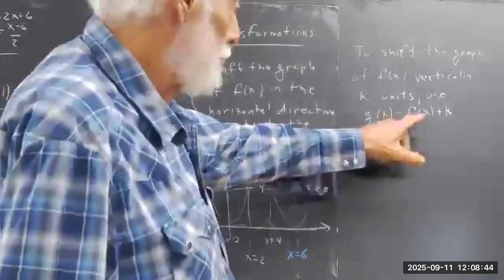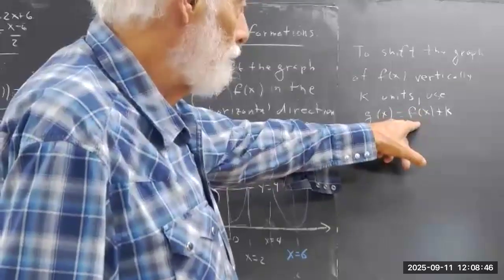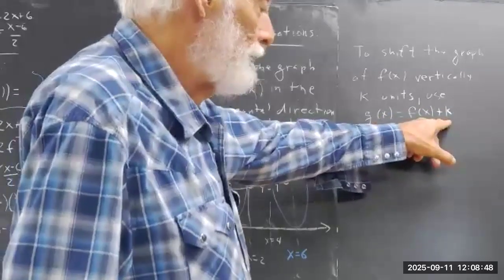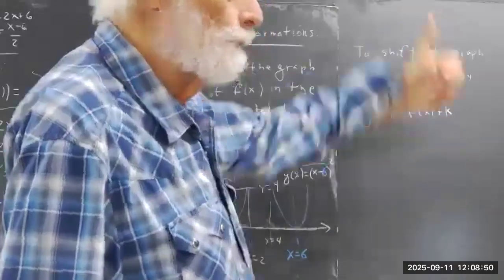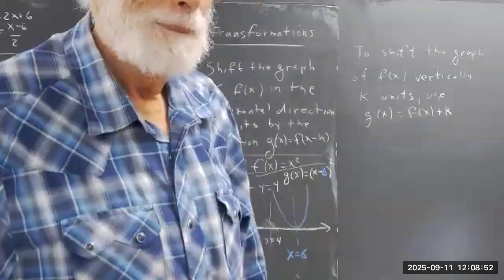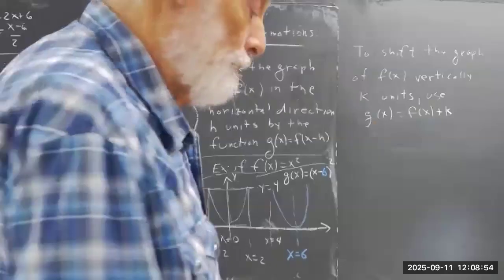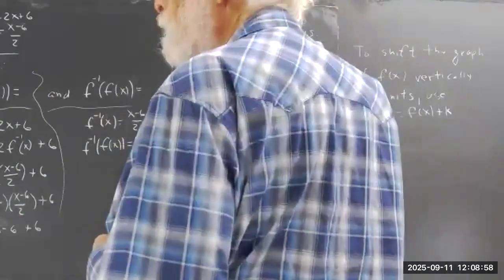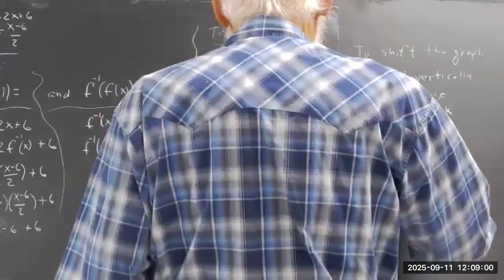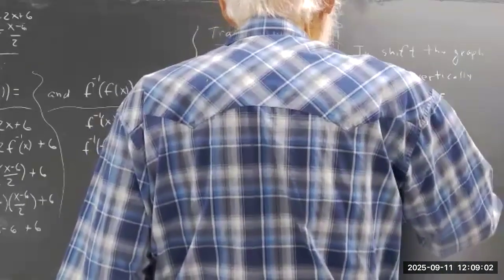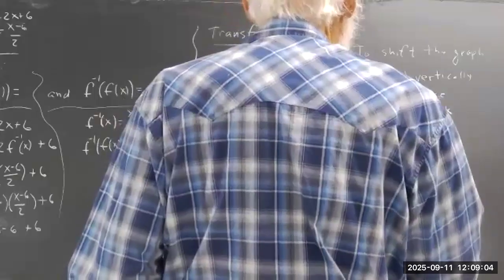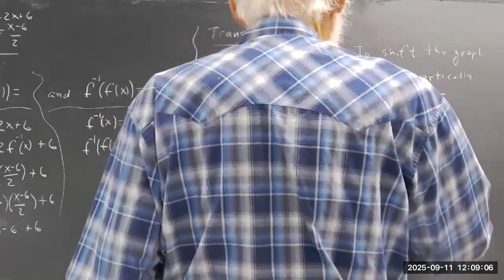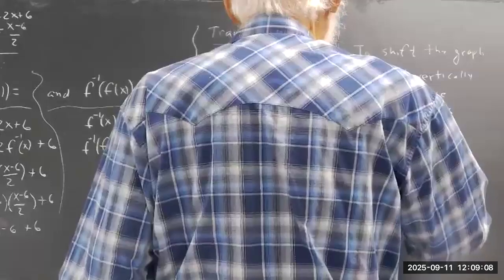This one is easy to understand. If you've got y equals f of x and you add k to it, then your y is going to be k units higher, right? So I'm not going to say too much about that. That's pretty obvious. So that's like you have a graph of f of x.